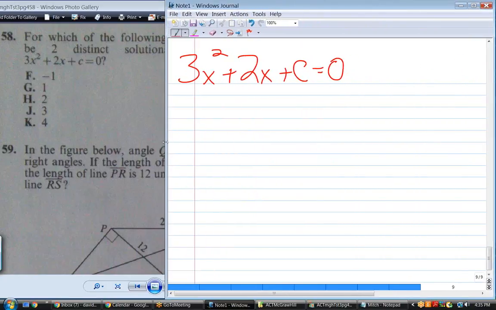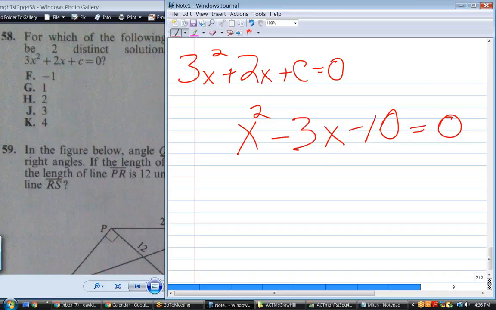Do you remember how we tell in any quadratic? In other words, let me give you this quadratic right here. Before I even attempt to factor that, I can tell whether I'm going to get two real solutions, two imaginary solutions, or one real solution.